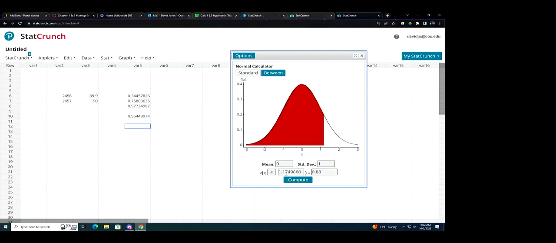And we get 1.175. So Z equals 1.175 is the Z-score that represents that.